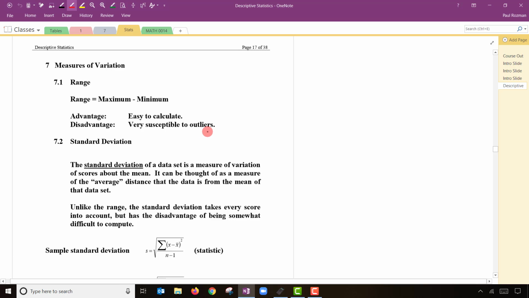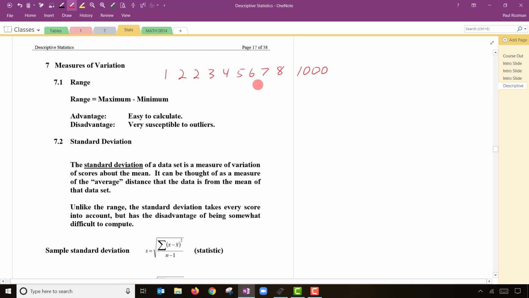even when it's not. A quick little example, if I had a data set like this, most of my values are pretty tightly grouped together here, but that one strange value there would really affect the range.